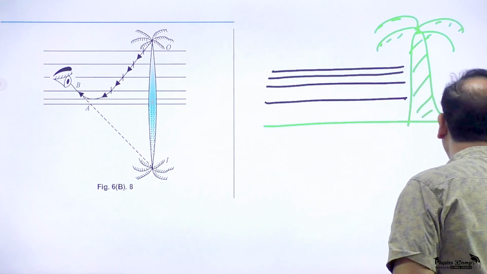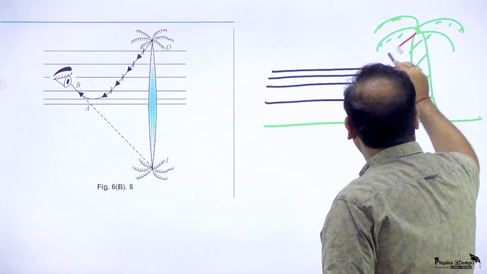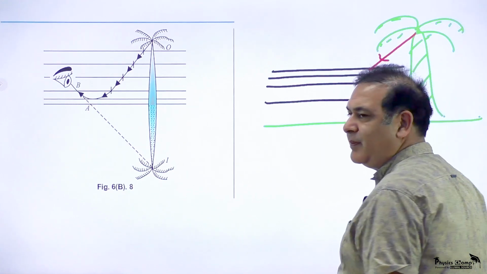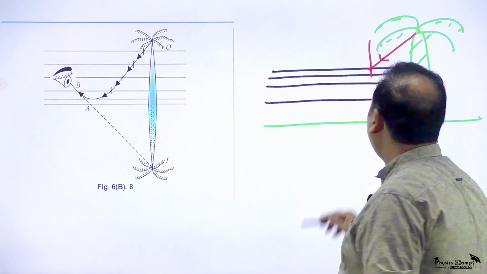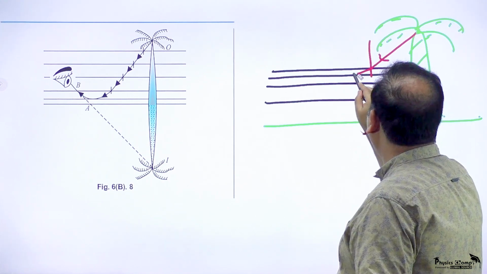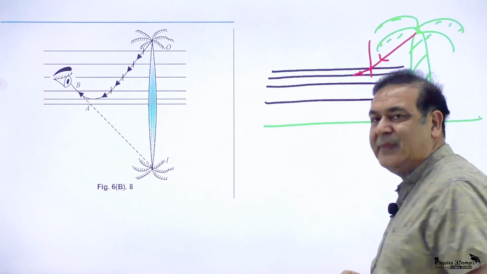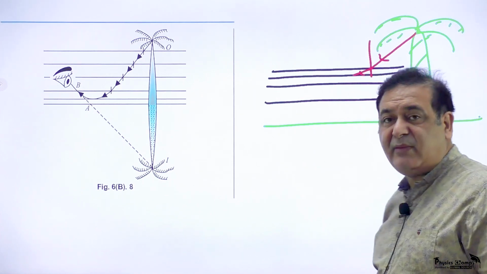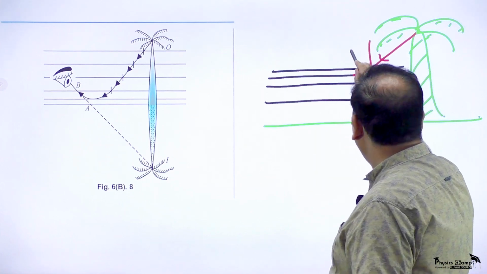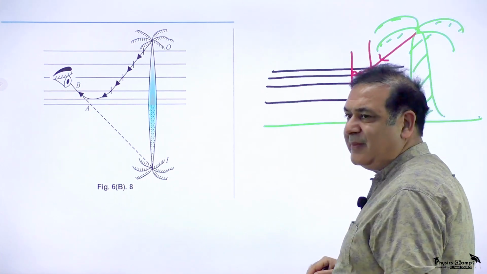Now a beam of light which is traveling from here will travel from denser medium to rarer medium. It will travel a little far. The angle of refraction will be more than the angle of incidence. And again, now the angle is increased.